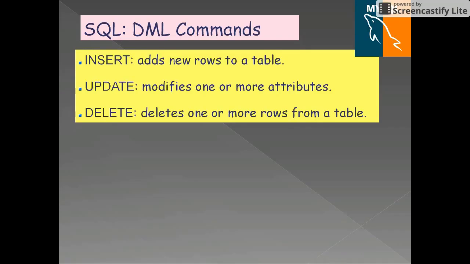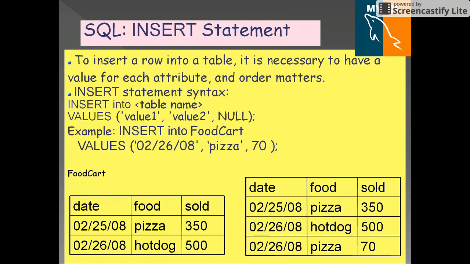The insert command is used to insert the values. The syntax is as follows. Write insert into the name of the table, values, value 1, value 2, and these are the values for each row. You must provide row-wise information.